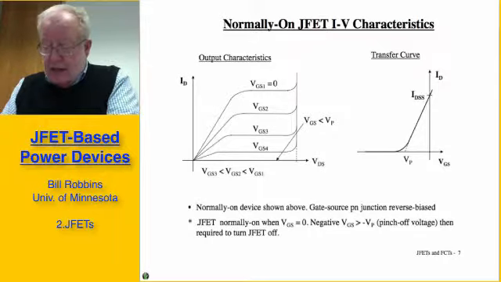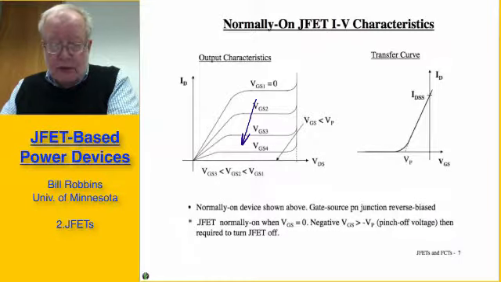When the device is conducting, in the active region, the drain current is pretty much independent of the drain to source voltage, except now the largest current flows when you have zero gate to source voltage, and as you go negative, the current becomes less and less until you reach the pinch-off voltage.